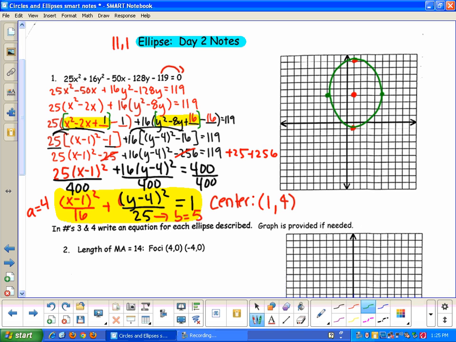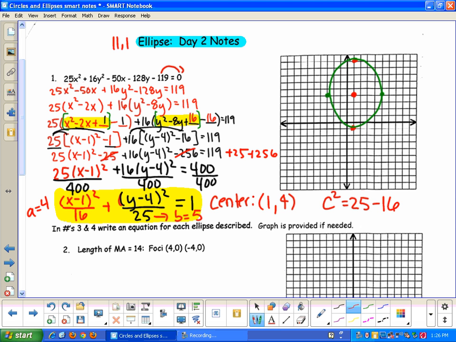And then if it asked me to find the focal points, then what I would have to do, remember, is find the distance we call c, c squared. You take the larger value that you have, so the larger value in my equation is 25 in the denominator, and subtract 16 from that.